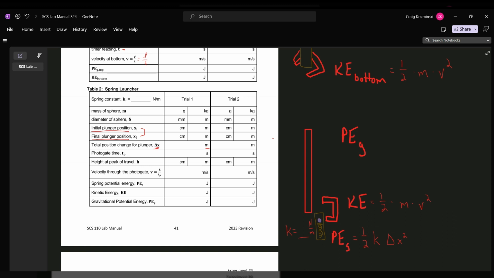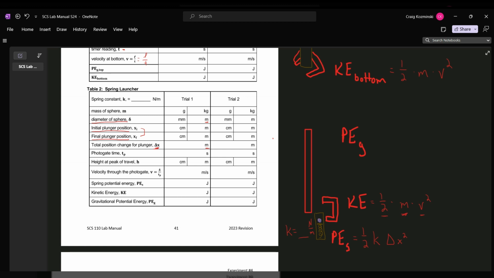We will determine the velocity by taking the diameter of our sphere, indicated here. You'll measure that in millimeters and convert it to meters, and you'll divide that by the time of the photogate, given in seconds. So again, our velocity will have units of meters per second. And when we do this, we'll be able to calculate our kinetic energy, 1/2 mv squared.